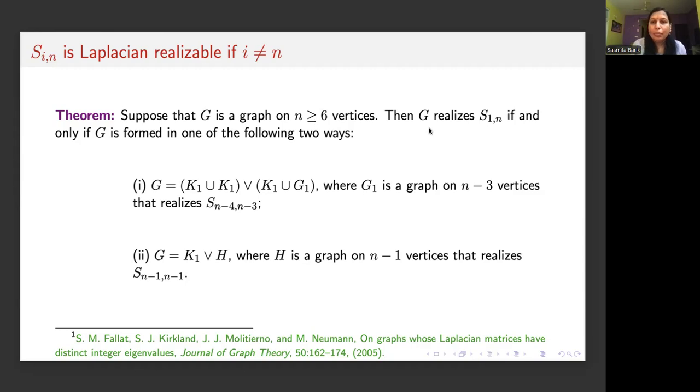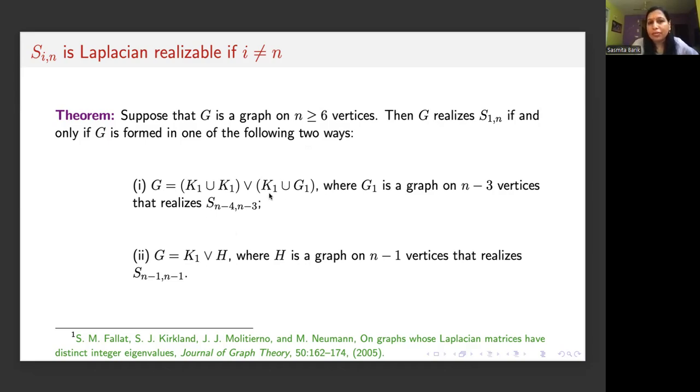And then they proved that G realizes S1n. So you are just taking out 1 and you are considering 0, 2, 3 up to n. So they proved that G has the spectrum S1n if and only if one of the following things happens.